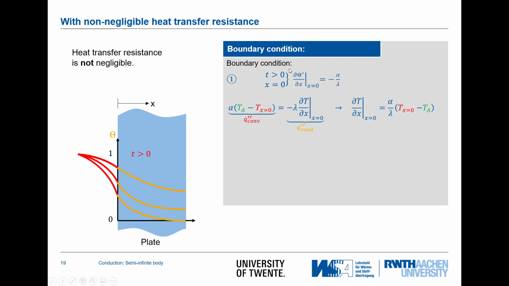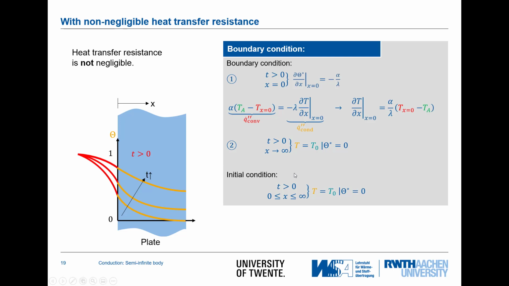And this is also one important reason to introduce this dimensionless temperature, because now we have a constant, and before we had a third type boundary condition. So from the first step, the first boundary condition is changed, while the second boundary condition remains untouched. So at x equal to infinity, we have the temperature theta star equal to 0.